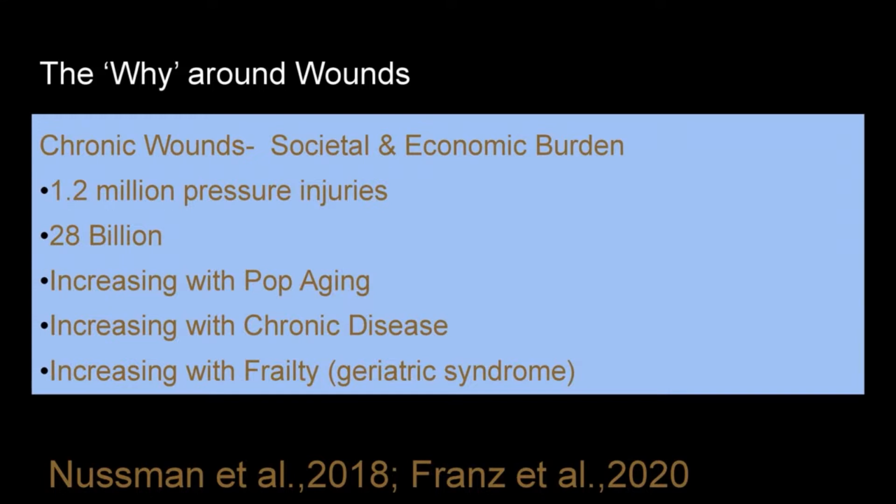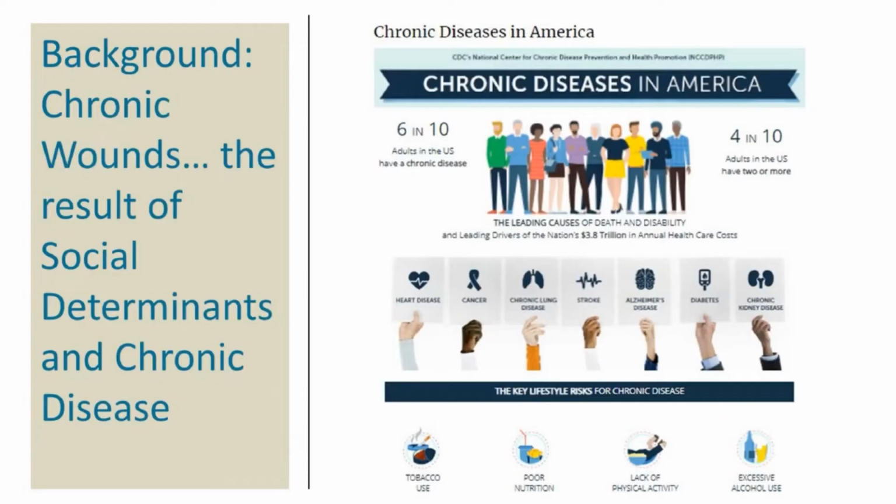And we now know that there's a relationship between frailty and chronic wounds. In fact, Franz et al. in 2020 did a cross-sectional analysis and found that 23% of those that had frailty also had some type of chronic wound.